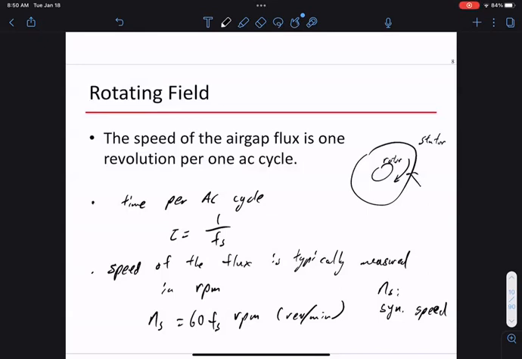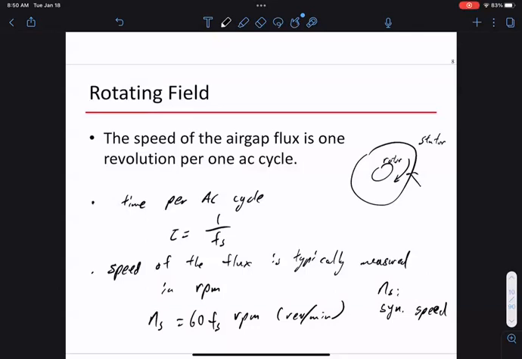Yes, increase the number of poles. So this speed is the max speed you can have for an induction generator. It's not going to go faster than this speed, but it can go slower.